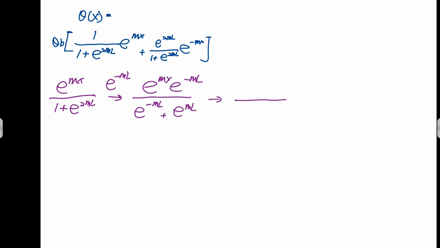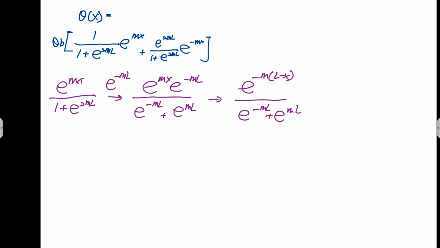And this will become e to the m(x minus L) divided by e to the minus ml plus e to the ml. The reason we are doing that is we try to find out the relationship between x and L.